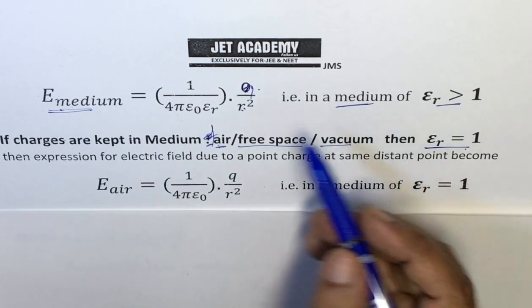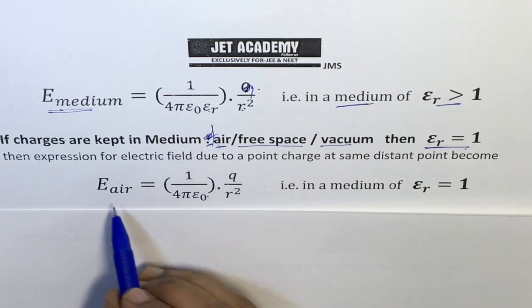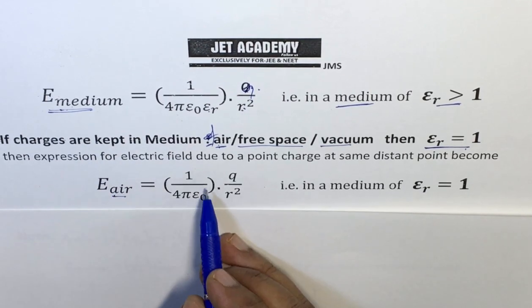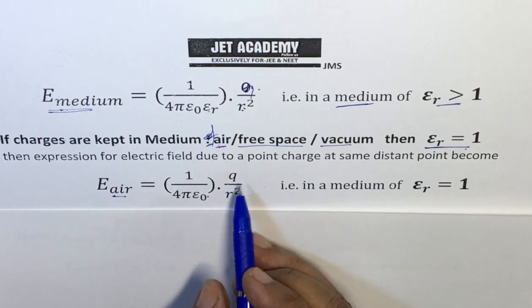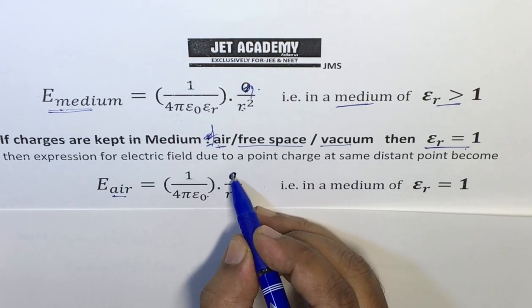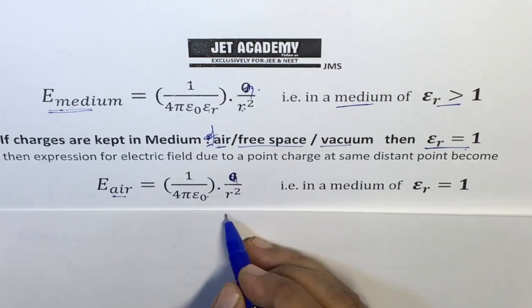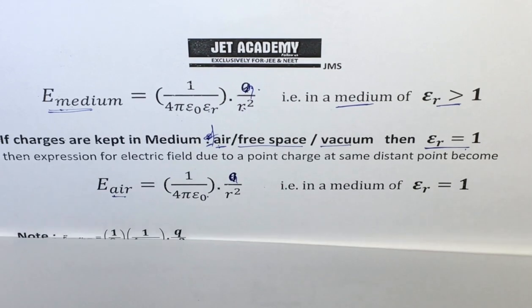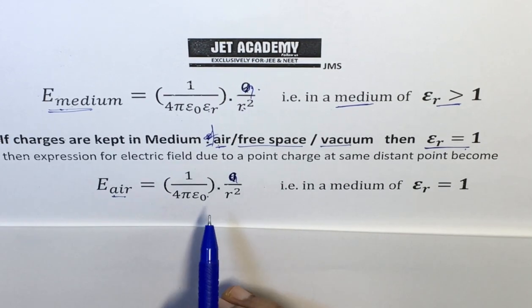Then this epsilon r becomes 1. That is the difference. Now the medium is specifically air. 1 upon 4 pi epsilon naught, epsilon r is 1. The expression becomes Q by R square in a medium of epsilon r equal to 1.